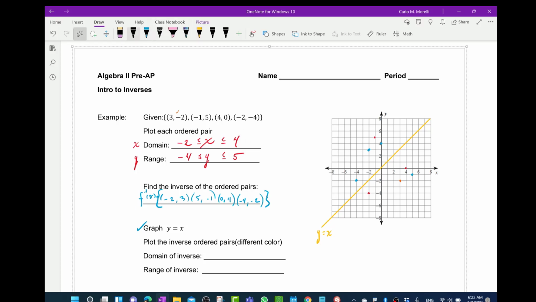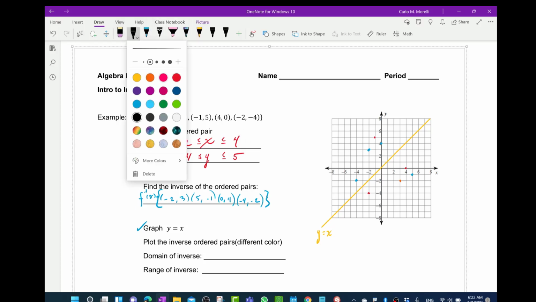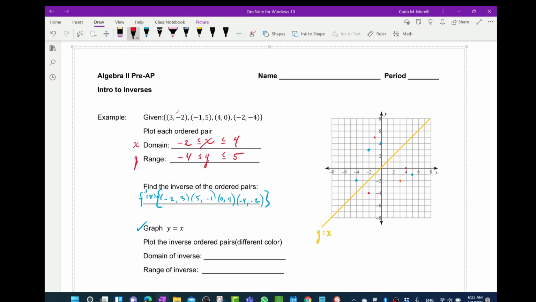So let's write that down, because that's kind of a central key point here. We'll say the inverse is always a reflection across f of x equals x, or y equals x.